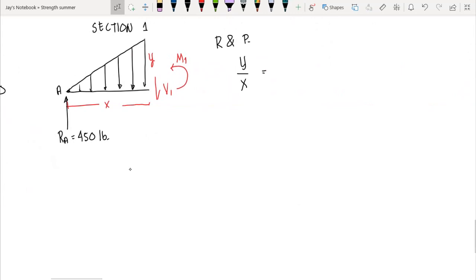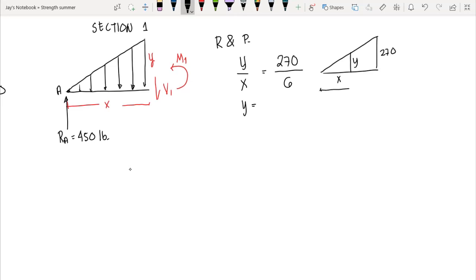So we could say that our height here is 270 over the length, that is 6. If we use similar triangles, this is y, x, 270 is to 6. Therefore, our equation is y equals 270 over 6 times x.